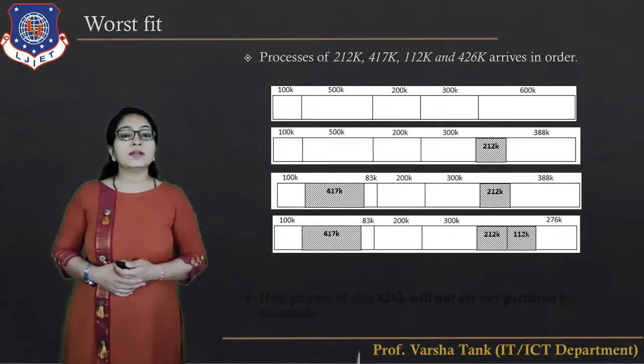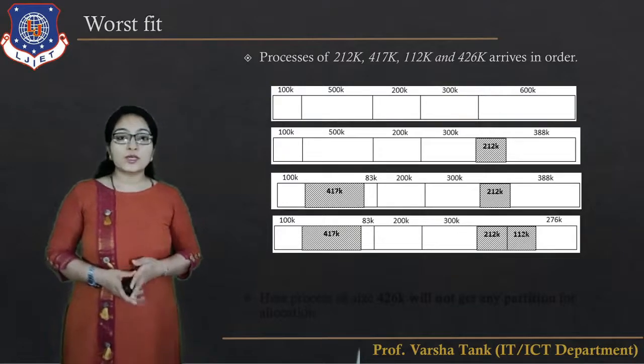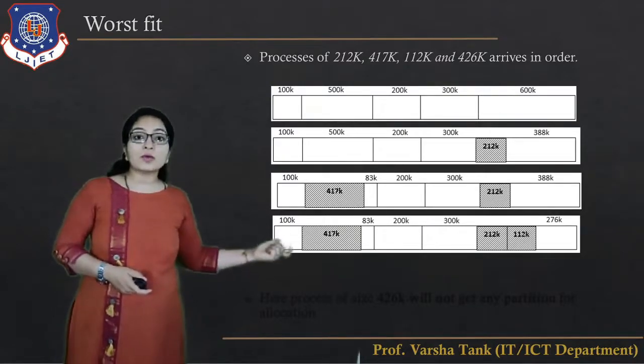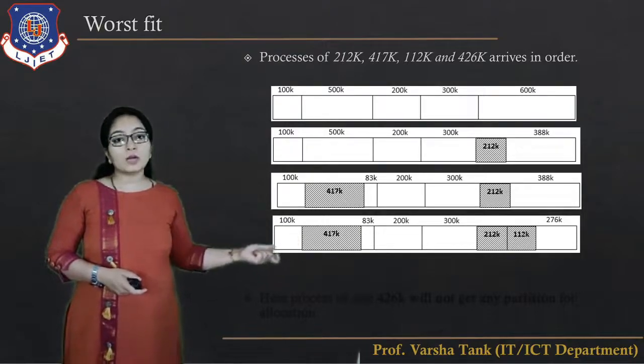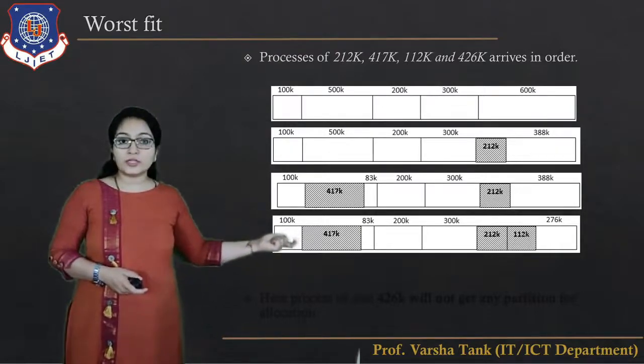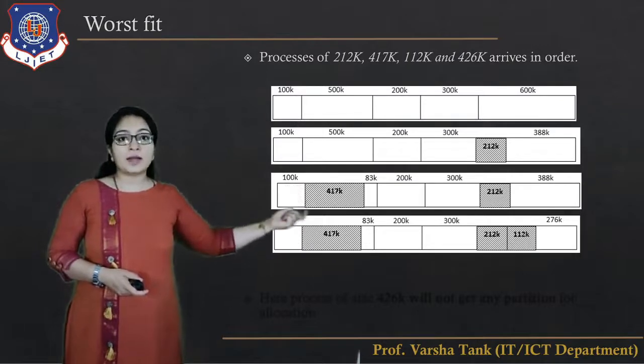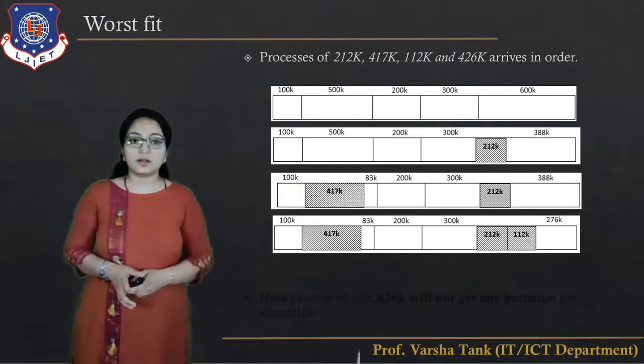After that the next is 112K. Here you can see the 112K can be allocated to the 200K or 300K, but still it will not allocate the process to these partitions. It will select the partition that we have from the 600K.